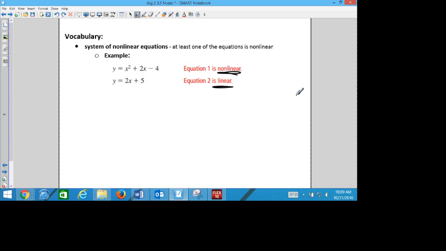You will know that it is linear if x and y are to the first power, so no other exponents on x or y, then you'll know that it's a line and it's linear. If there are other exponents, it's nonlinear. That one is quadratic, or a parabola shape.